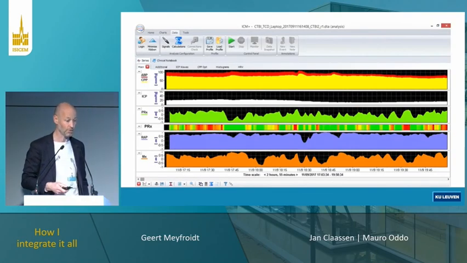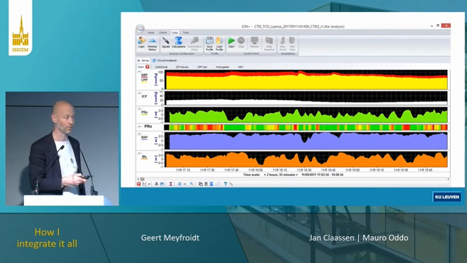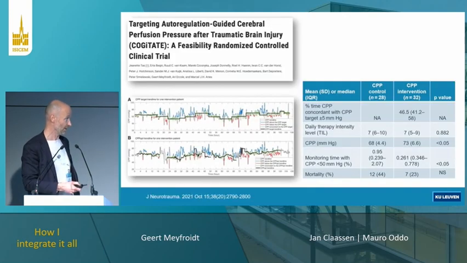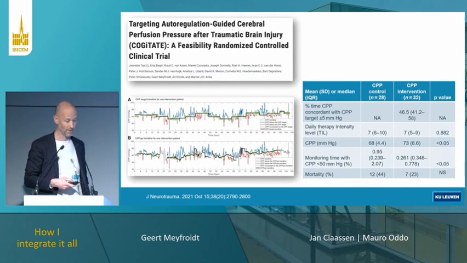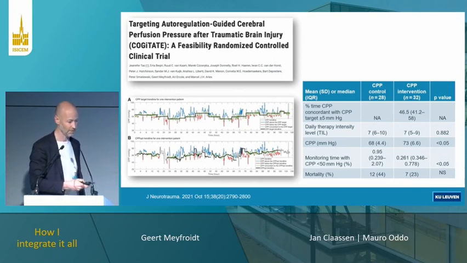And for that, it's hypothesized that, for instance, computerized decision support could play a role, like ICM+ software designed in Cambridge. And there's been one randomized clinical trial, at least the COGITATE trial, where we randomized patients to a CPP recommendation by the software or a fixed CPP.